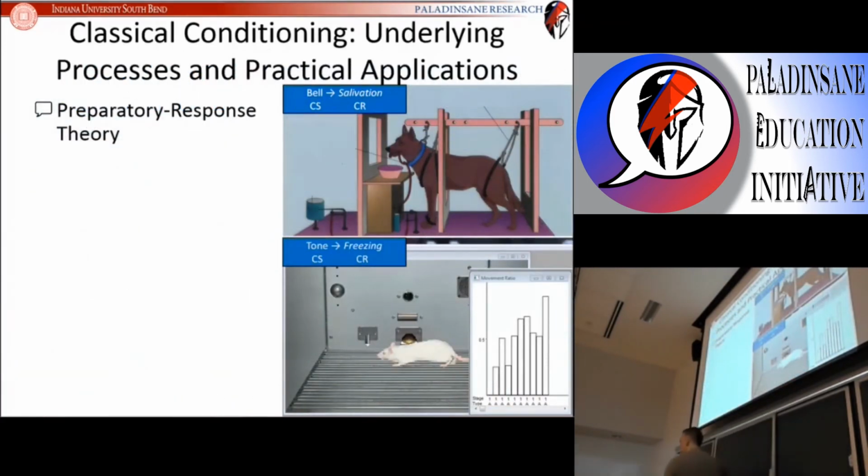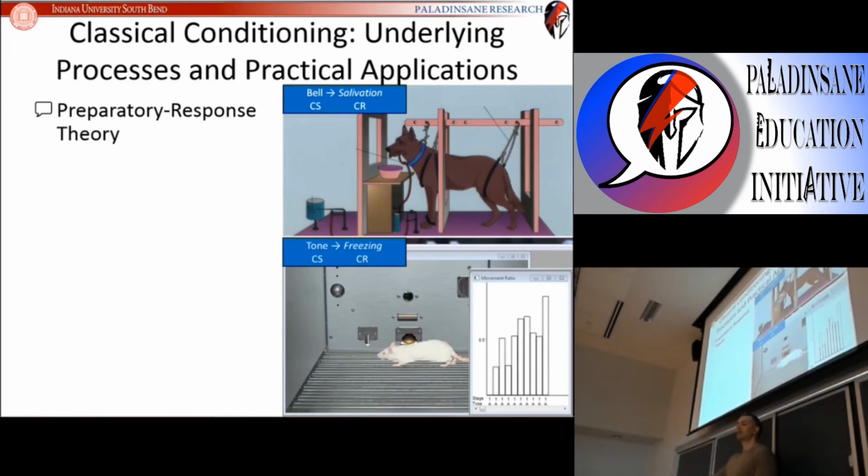So one possible explanation for this, one of the theories for what is going on, and we saw this in experimental neurosis, is that the conditioned stimulus is being used to prepare you for the unconditioned stimulus. Your conditioned stimulus is being used to get you ready for the unconditioned stimulus.